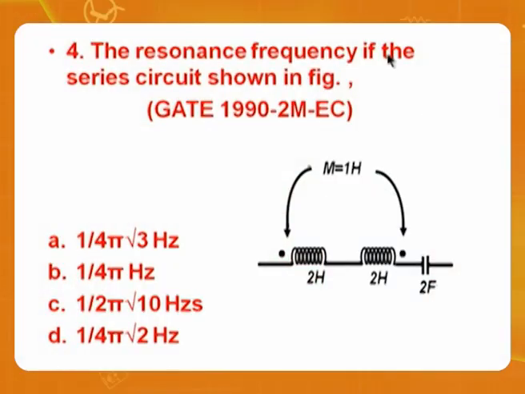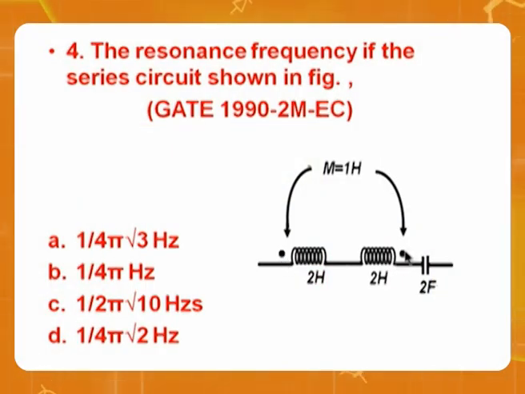Then, the resonant frequency, if the resonant circuit shown in figure, what is this here? Suddenly, coupled circuit came. Let me tell you one thing. Coupled circuit, if this dot is entering, this dot is leaving, they are opposite. Opposite means you have to calculate the effective inductance, 2 Henries from here and what is subtracted.